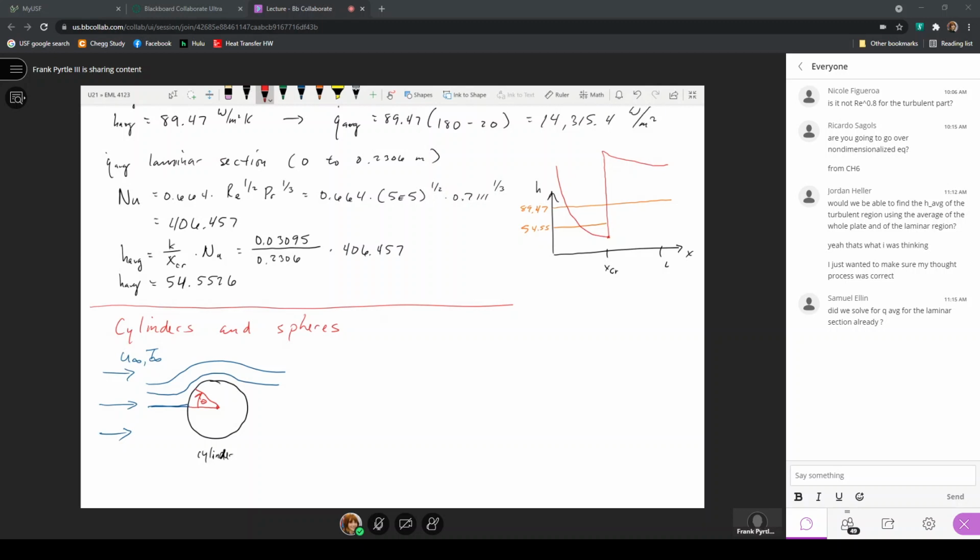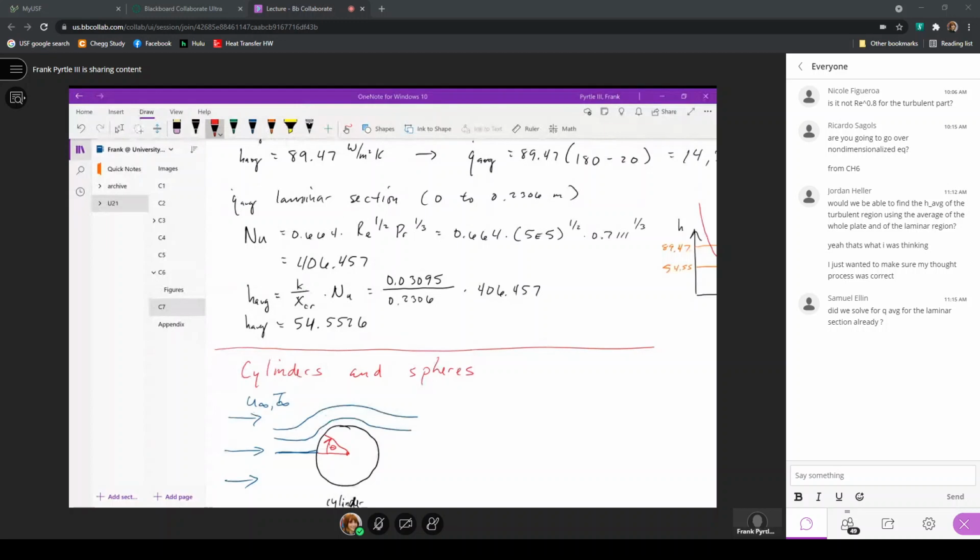But if we can get just the average, then that will actually suffice. So when we're considering heat transfer coefficients over cylinders and spheres, it is always for the calculation of an average value that exists over the entire surface so that we can then calculate a heat transfer rate.